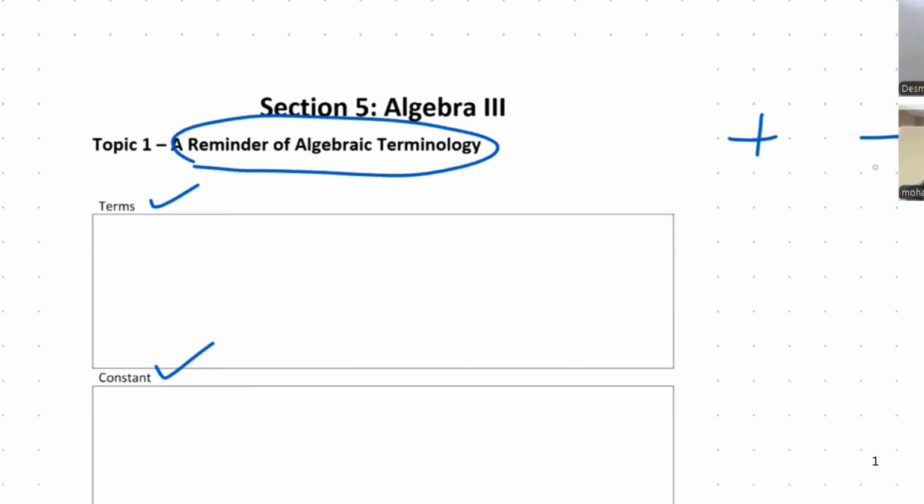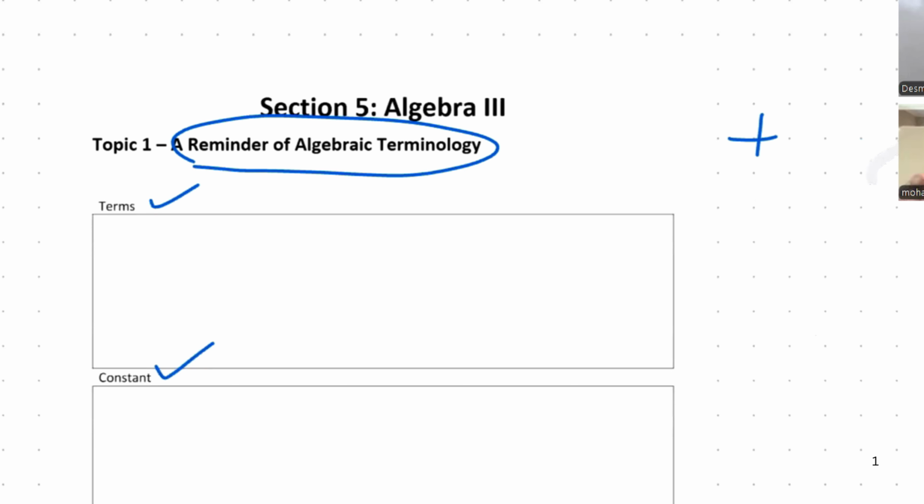For example, I can just write 2 plus 3 minus 1. In this case, because of the plus and the minus, we can count these numbers separately: 1, 2, 3. So that is 3 terms, right? Now, I'm just trying to explain what terms means.